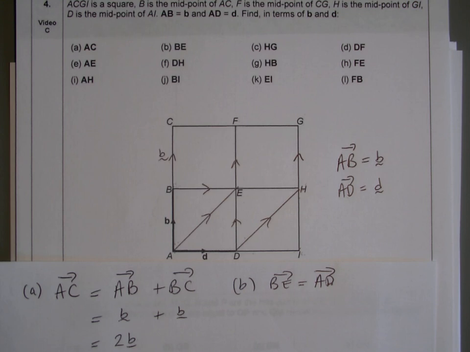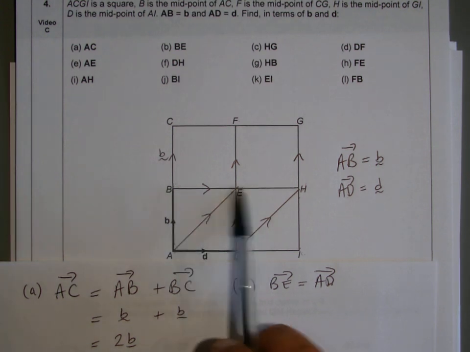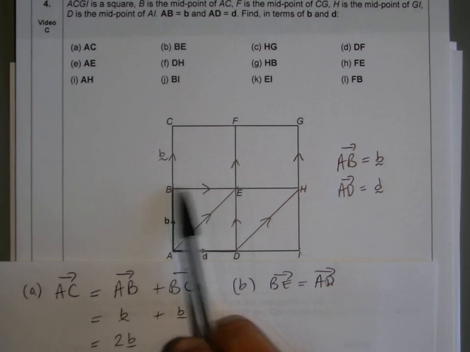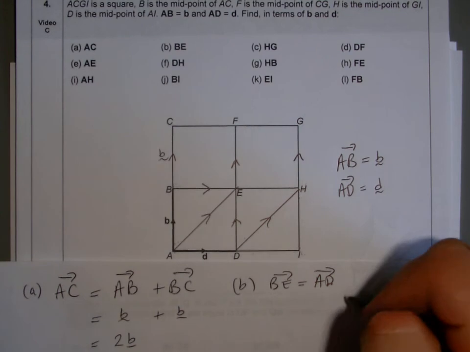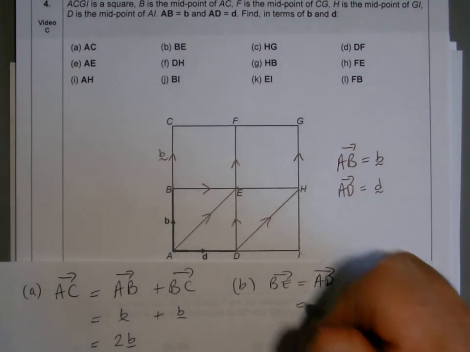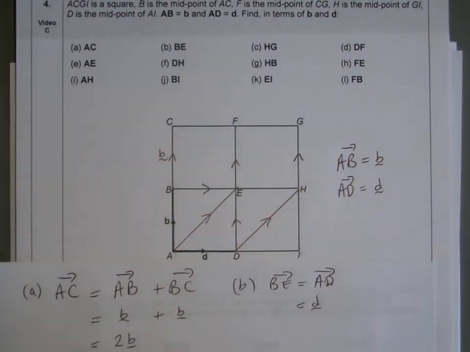You can put vectors in different places and they can be equal because they have the same effect. They take you from one place to another, they've got the same displacement relative to the starting position, and in this case it's parallel, going the same direction and the same size. So we could say BE is equal to little d.